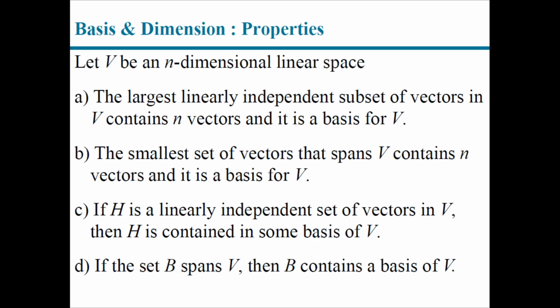You cannot have a set that has more than n linearly independent vectors, because if it has more, then they are dependent. So the biggest set of linearly independent vectors has n of them inside. And since the linear space is of dimension n, when you have n vectors that are linearly independent, they form a basis. So this is automatic.